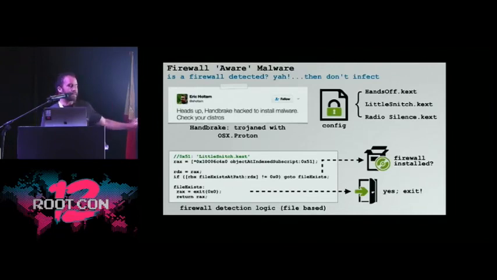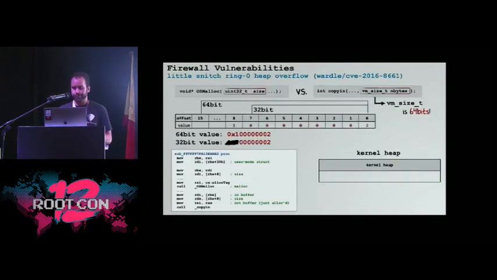If we look then at the disassembly for the malware, we can see that for each of these kernel extensions, it's checking if they exist on the file system. And again, if Proton finds that any of these firewall products are installed, it actually just aborts and doesn't persistently infect the system. So again, the malware author was willing to give up infecting certain systems versus risking detection.